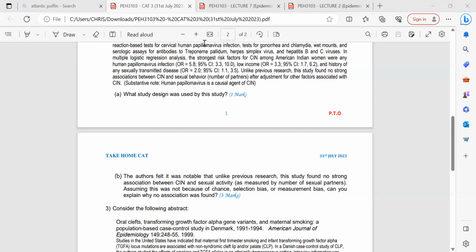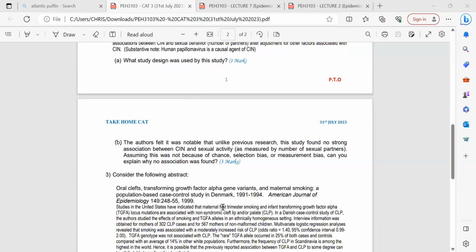Okay, so any other point before we proceed? Can you repeat the two points for me so that I may capture them properly? Now we have talked about confounders, which we have said that there could be some other variable which could have influenced the relationship between sexual activity and CIN, which were not captured in the study.